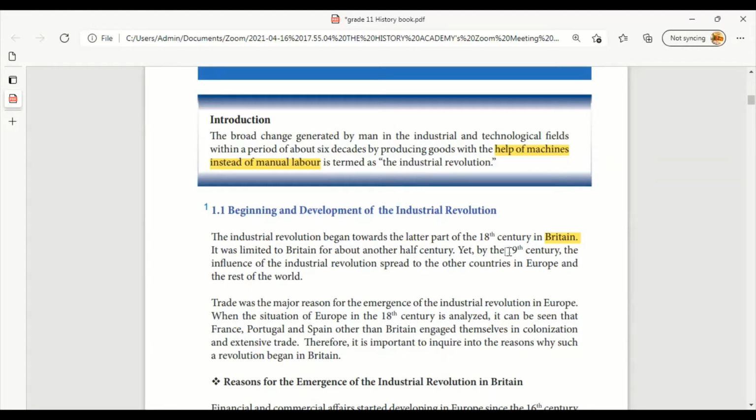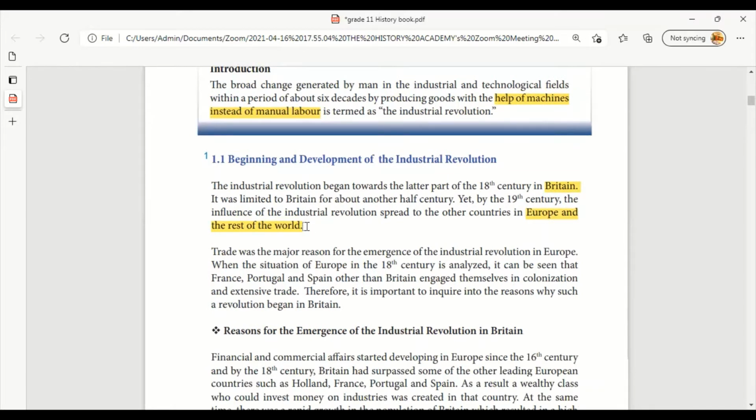But by the 19th century, the influence of the industrial revolution spread to other countries in Europe and the rest of the world. So simply what we understand through this paragraph is that at the beginning it was Britain that practiced the industrial revolution, and by the 19th century it spread to other countries in Europe as well as the rest of the world, right? So first it began in Britain.